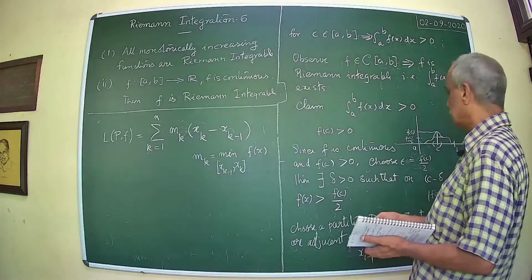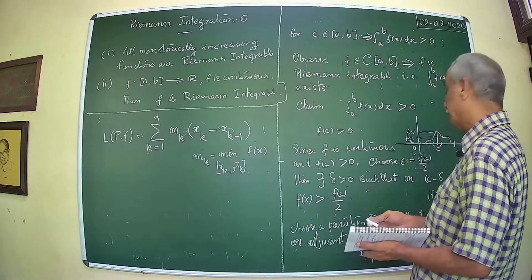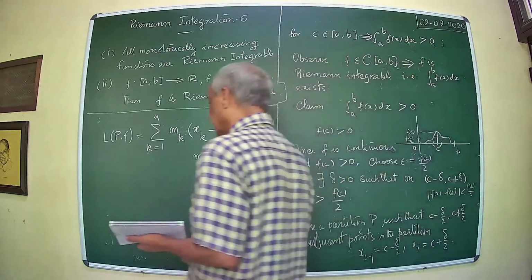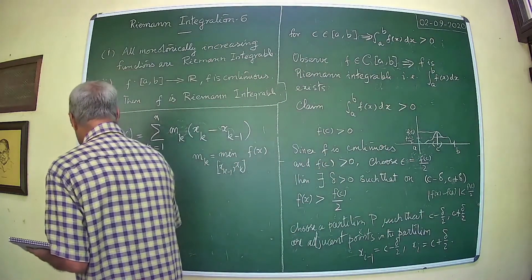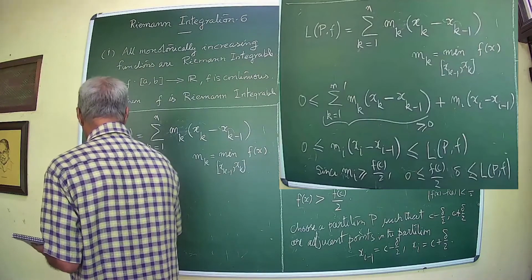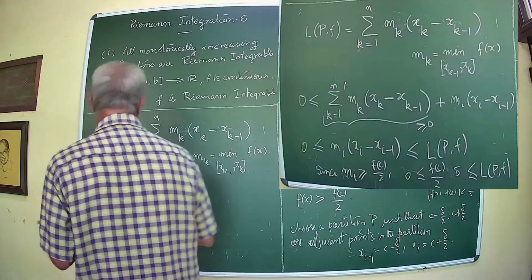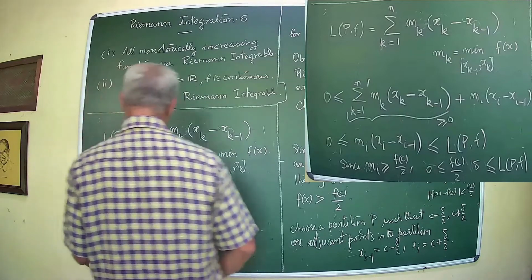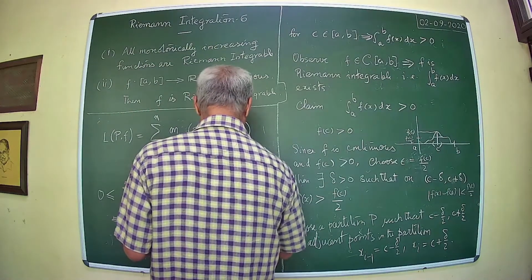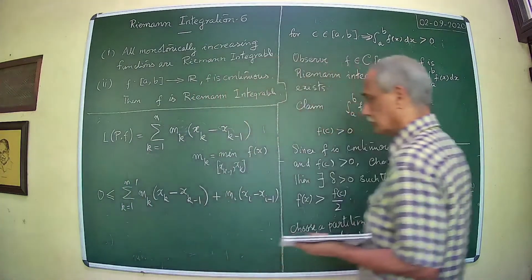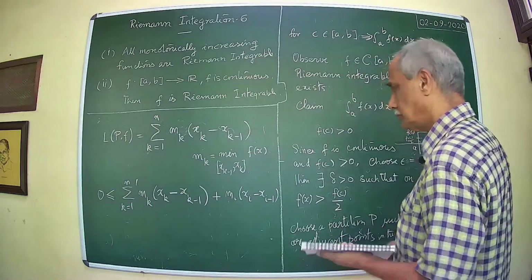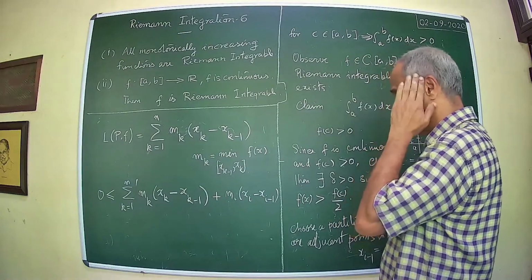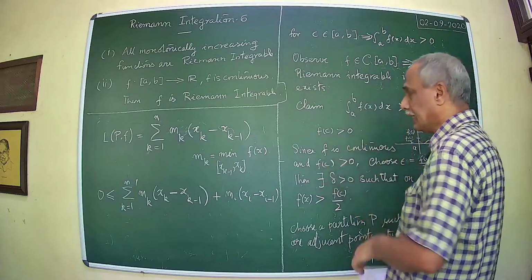And what can you say about this lower sum? Now there would be a scenario where this is completely 0 on this side. So what we can write is that 0 is less than or equal to the sum over the other intervals, plus the points in this interval.